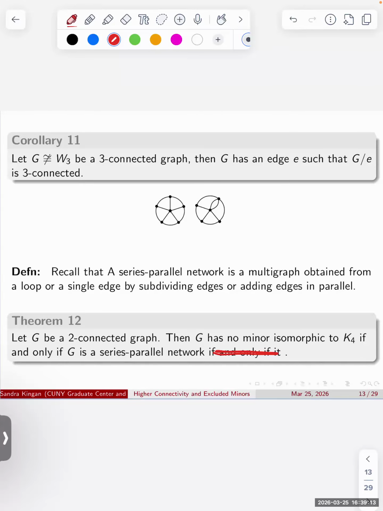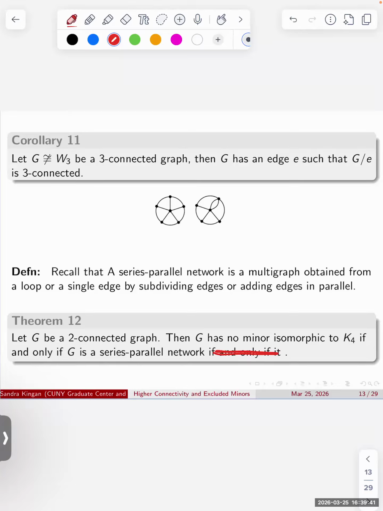In matroids, k-connected matroids don't have cycles smaller than k, whereas k-connected graphs can have cycles smaller than k. But in three-connected, a cycle smaller than three is essentially a loop or a parallel edge. And because of that, our theorems have simple graphs, and we don't need any further hypothesis.